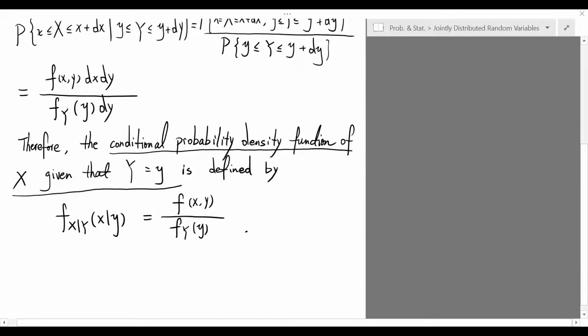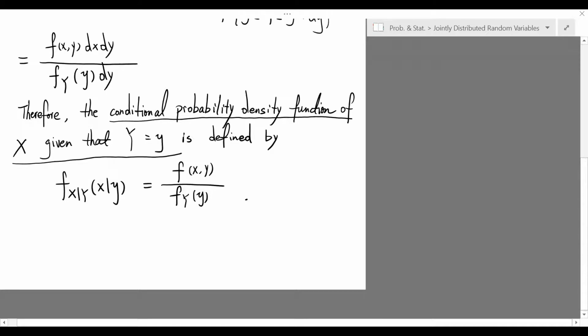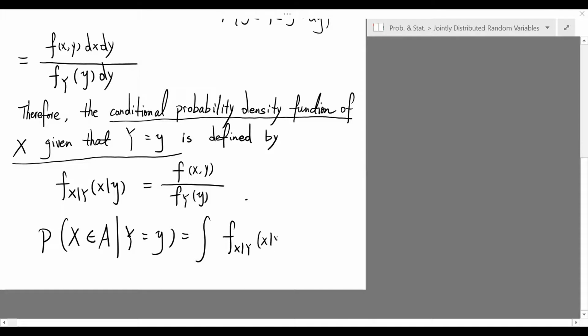Following this track, the conditional probability of x in the event A given the value of y is simply the integral of the conditional density function with respect to x.